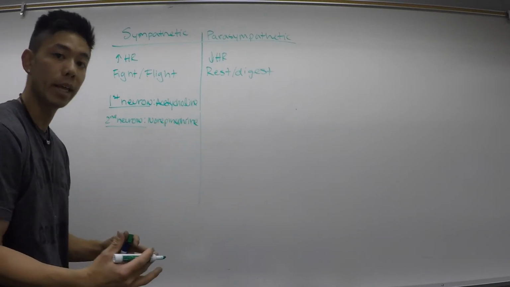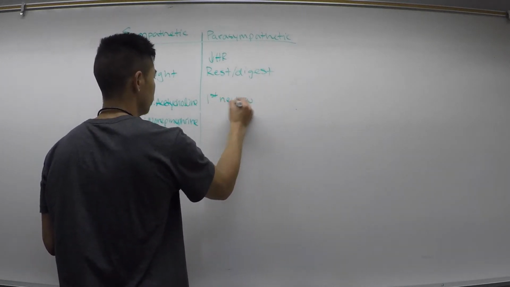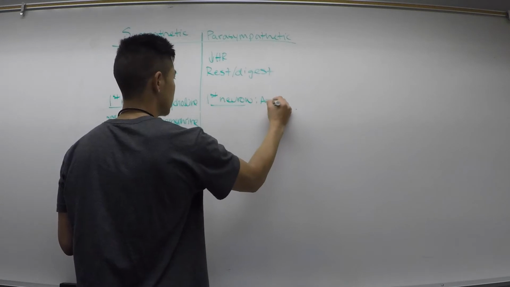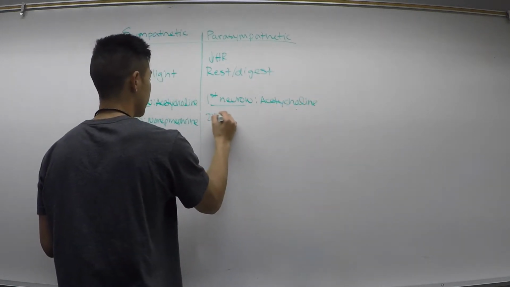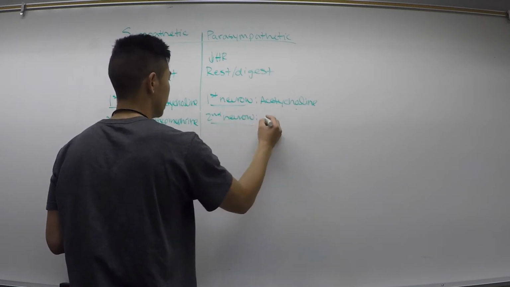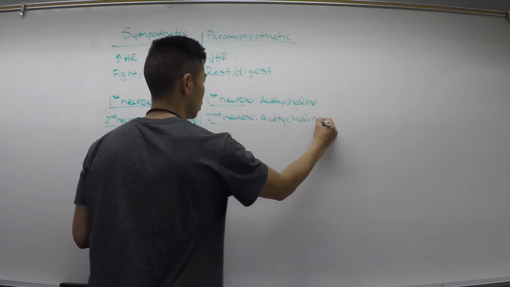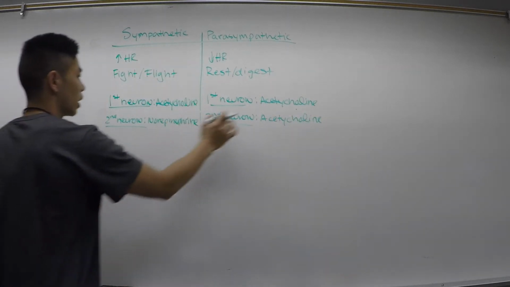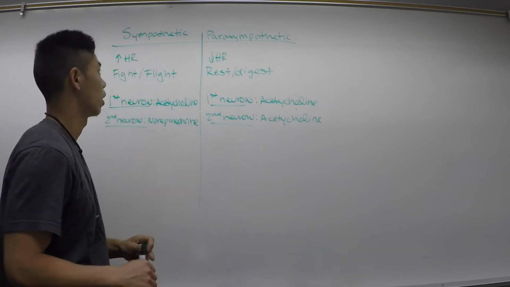For the parasympathetic nervous system, our first neuron is going to release acetylcholine, and our second neuron is going to release acetylcholine as well. And so these two neurons are going to work together, and they're going to either increase or decrease our heart rate.